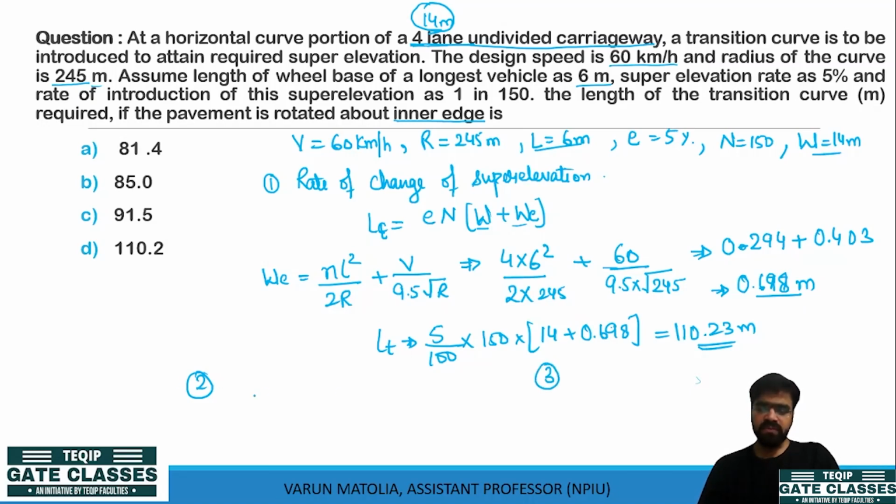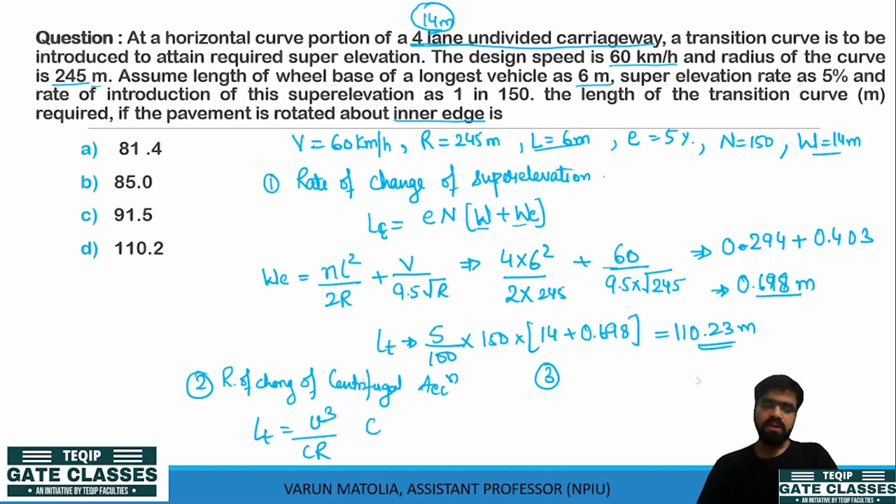Let us write the three formulas. This one is based on the rate of change of centrifugal acceleration. The length of transition curve equals V cube by CR, where C equals 80 by 75 plus V in kmph.